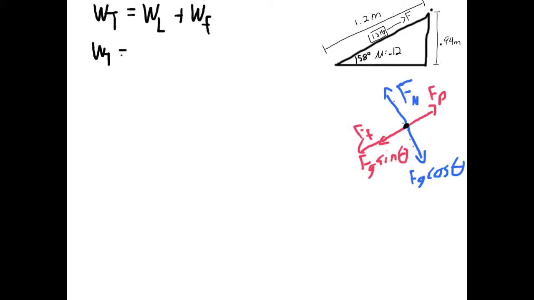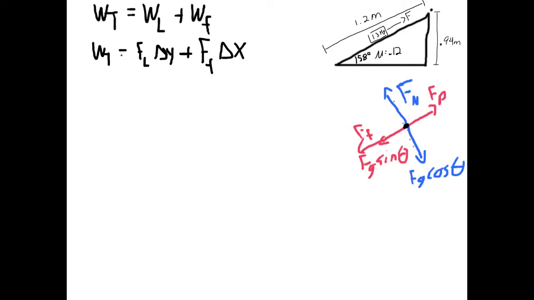Total work is going to equal force of lift times delta y, specifically how high you have to lift it up, plus force of friction times delta x, being the length of the ramp there. So how much work you have to put in to overcome friction: force of friction times how far friction gets to act.